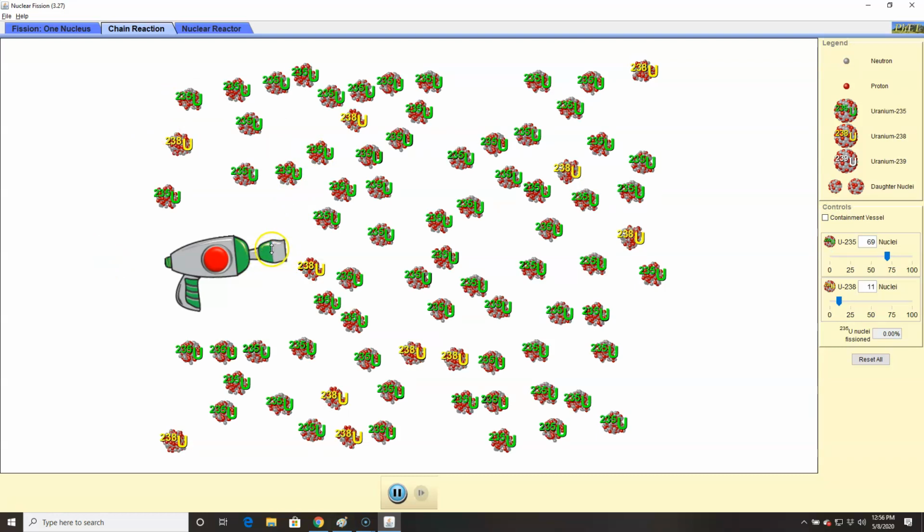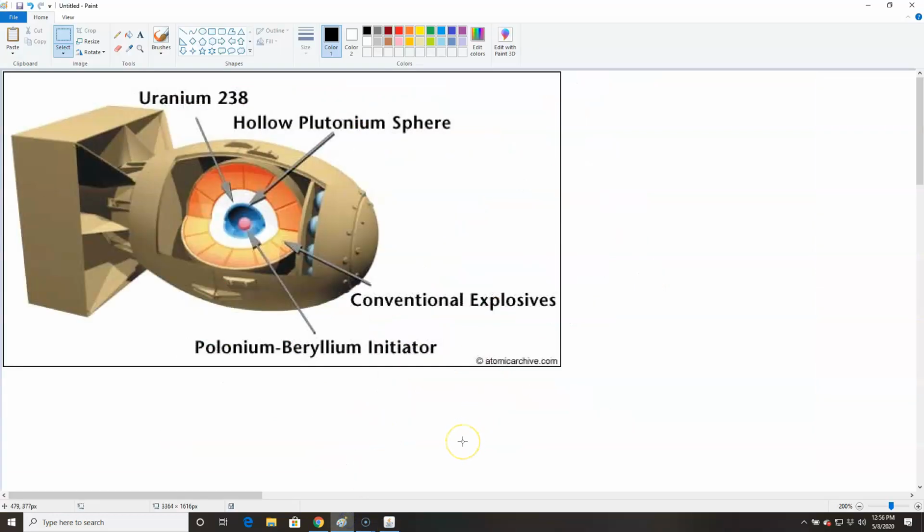So what is the whole idea about how to make this bomb work? Here is a diagram of Fat Man. Fat Man was the bomb that was dropped on Nagasaki. It was the second one. The first one was Little Boy, and Little Boy was on Hiroshima, and that was a uranium bomb. The plutonium bomb on Nagasaki was Fat Man.